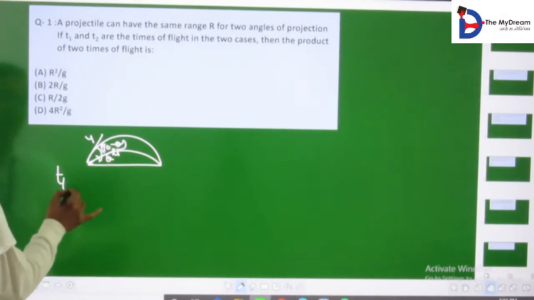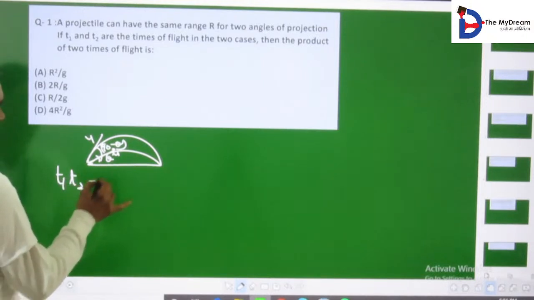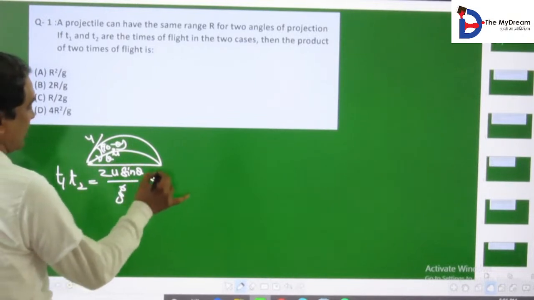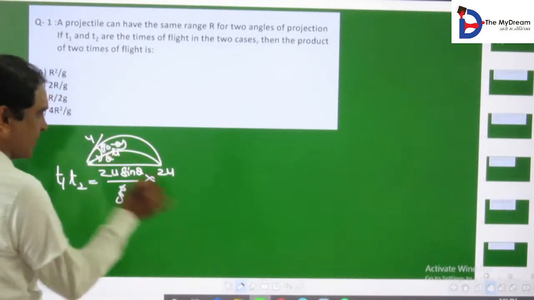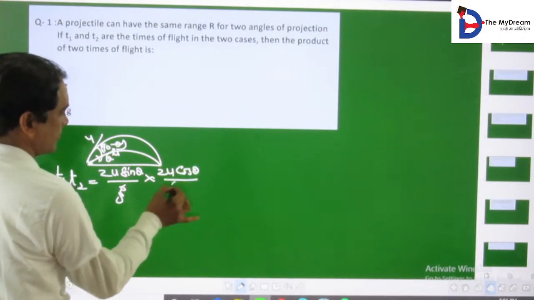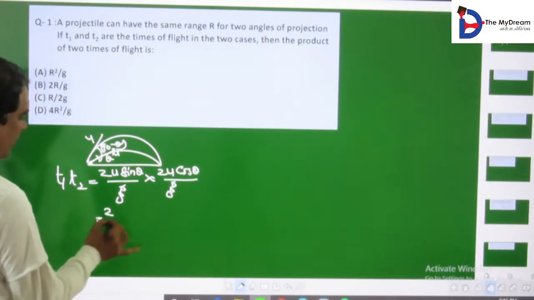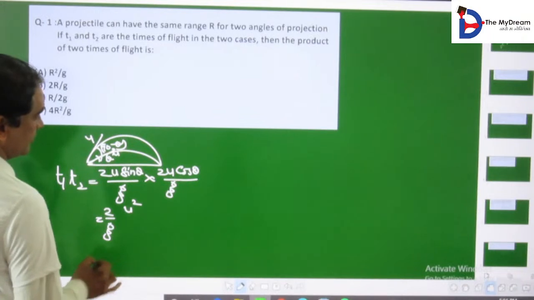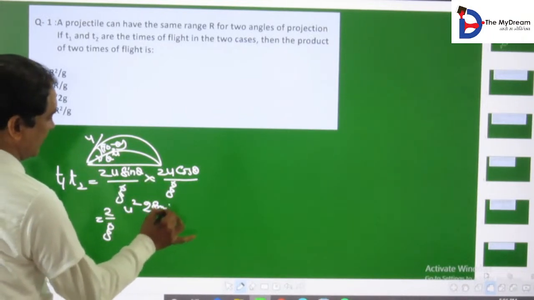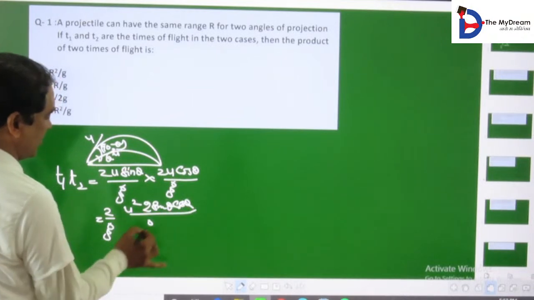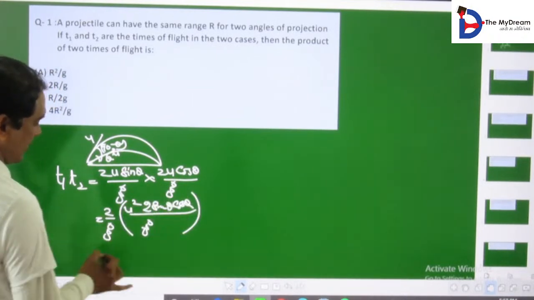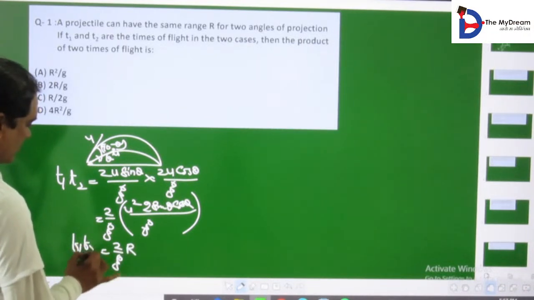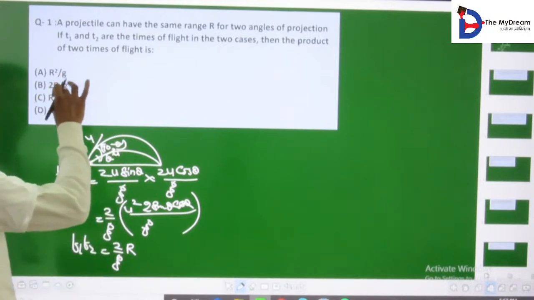So the product of their times of flight, T1 into T2, that is 2u sin theta by g, another one sin 90 minus theta, that gives cos. So you can write 2 upon g, u into u, u square, 2 sin theta cos theta by g, and this is the formula of the range. So 2r upon g is the correct answer.